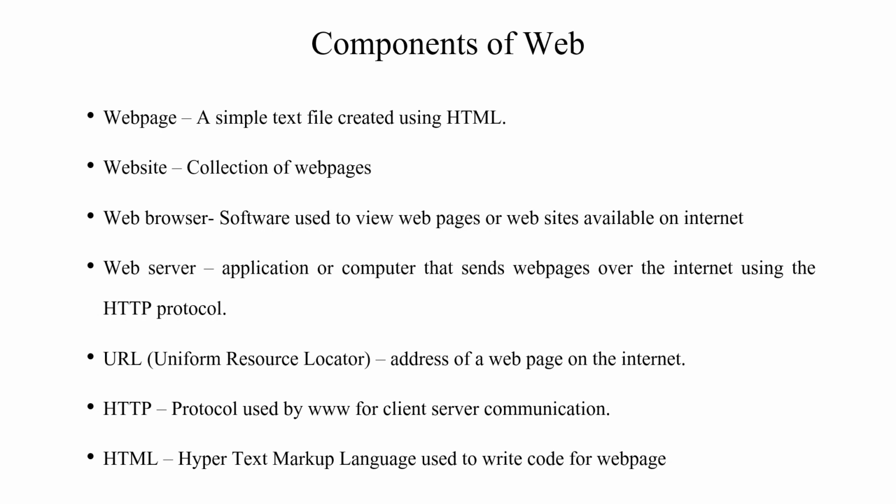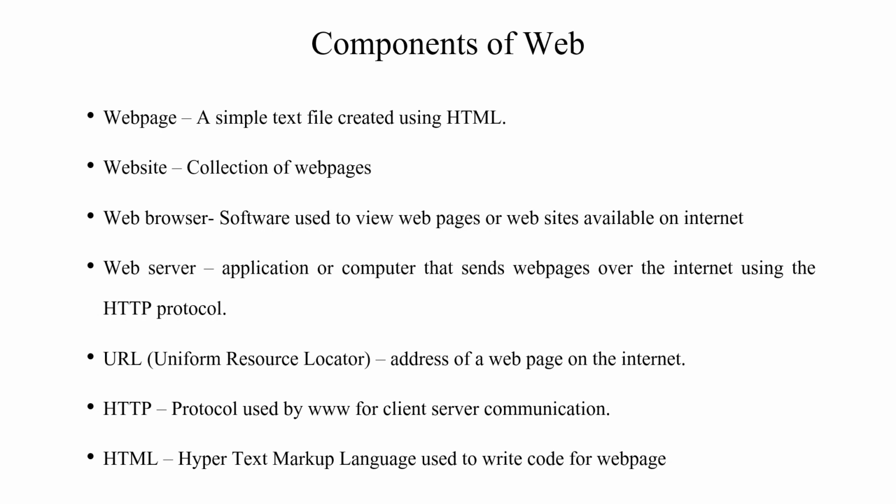Components of web. There are different components of web like web page, website, web browser, web server, URL, HTTP and HTML. First, web page. A web page is a simple text file created using HTML.